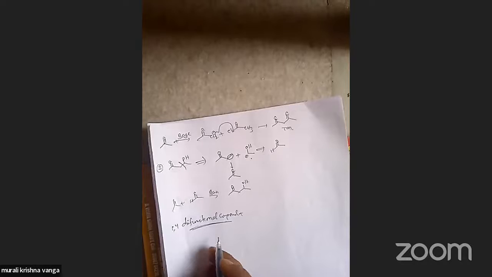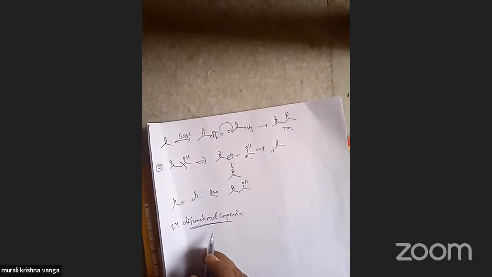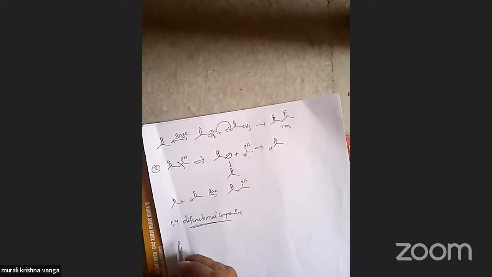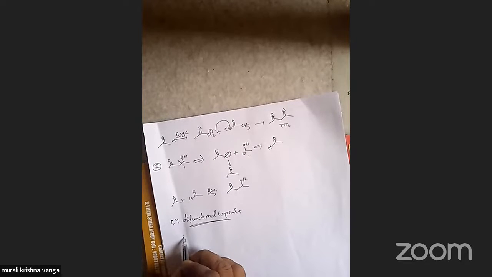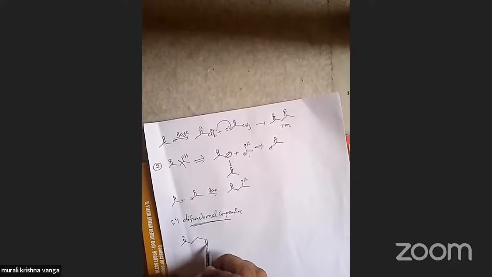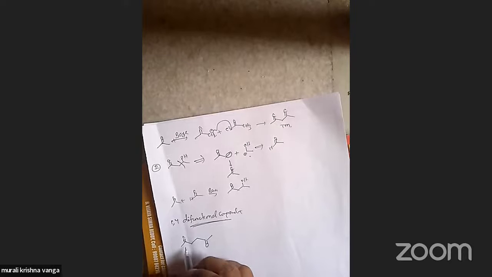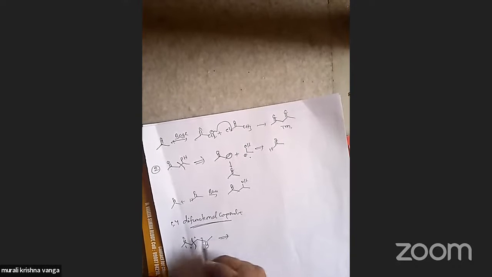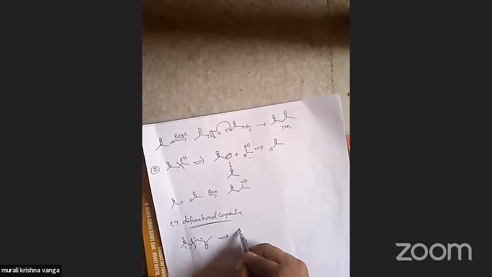In this category, 1,4 dicarbonyl compounds and gamma hydroxy compounds, the most important disconnection is at the central bond. Counting 1, 2, 3, 4, in a 1,4 difunctional compound, the central bond undergoes disconnection.